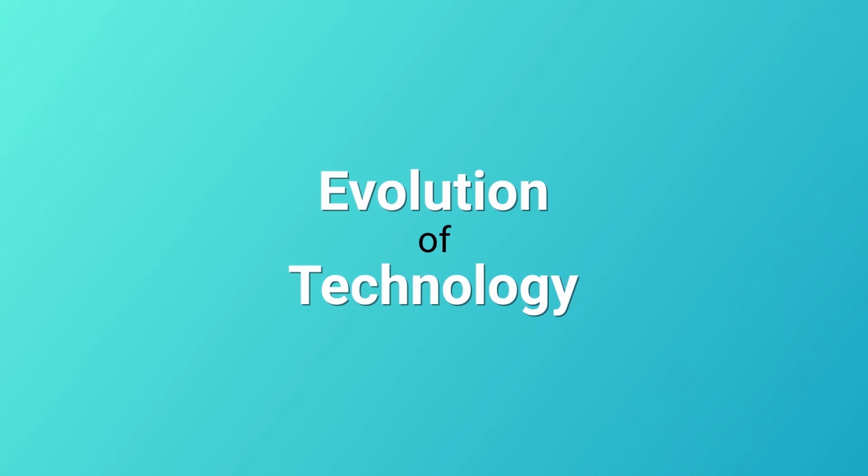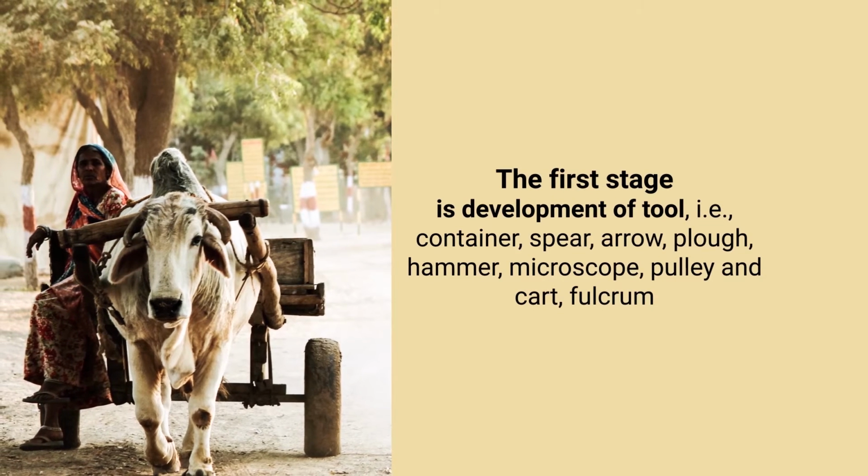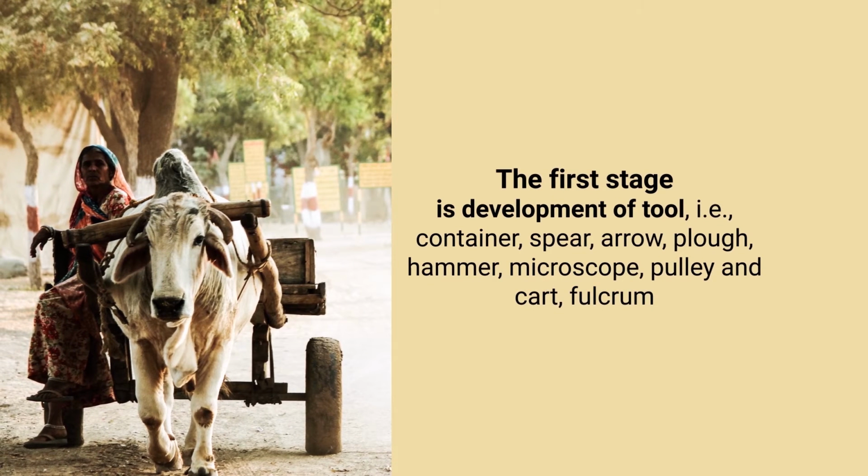Now, let us see how technology has evolved over ages. We have witnessed three essential stages of evolution of technology. What are these? The first stage was when a simple tool was developed by early man, like a spear, an arrow, a container, a pulley, a cart, a fulcrum, a wheel.